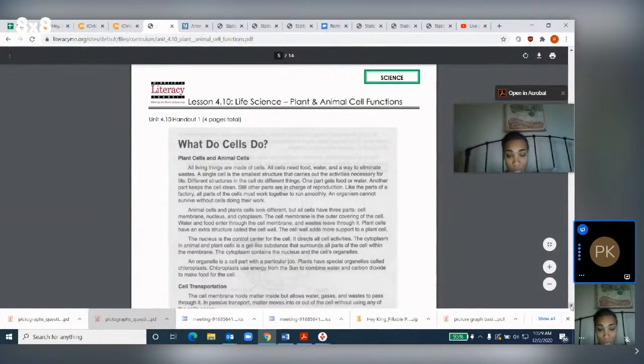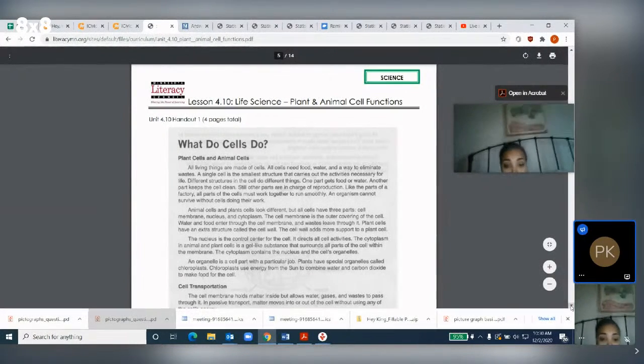It says animal cells and plant cells look different, but all cells have three parts: the cell membrane, the nucleus, and the cytoplasm. The cell membrane is the outer covering of the cell. Water and food enter through the cell membrane, and waste leaves through it. Plant cells have an extra structure called the cell wall, and the cell wall adds more support to a plant cell. The nucleus is the control center of the cell.